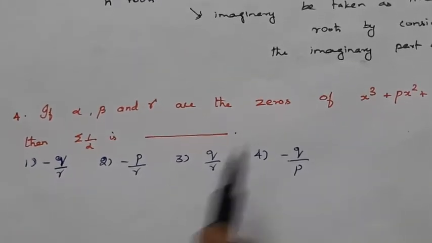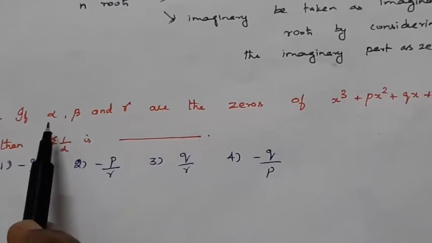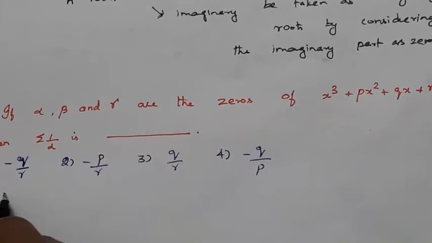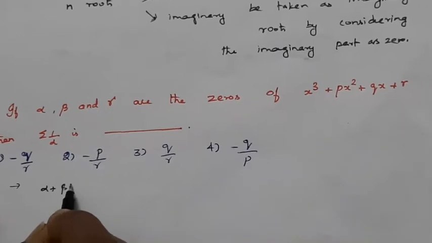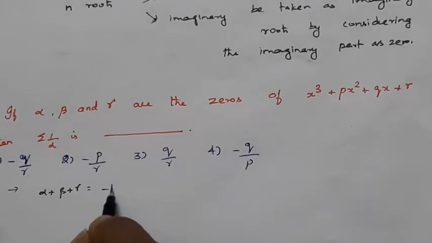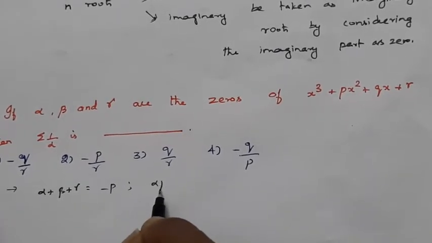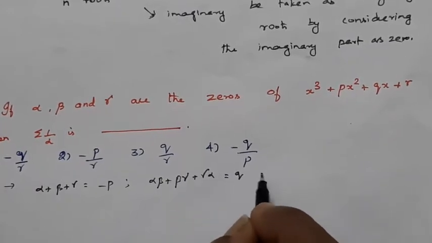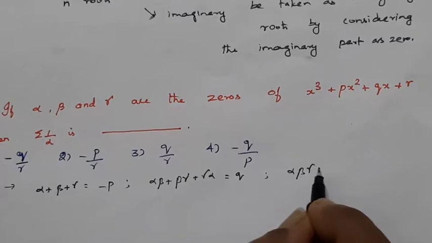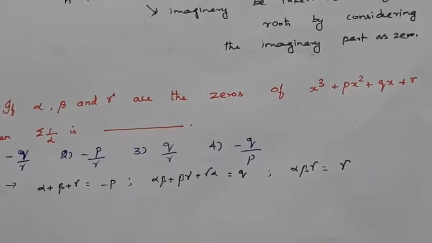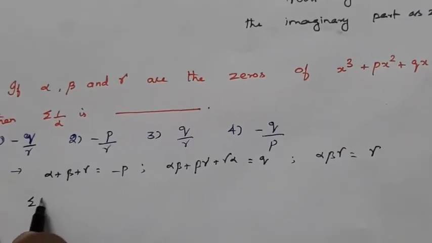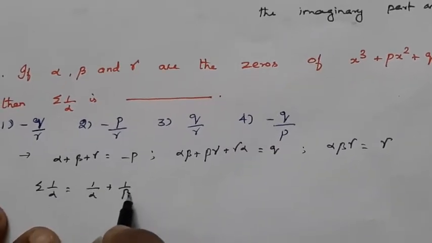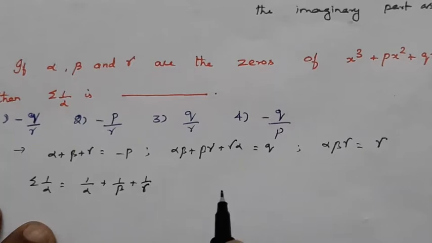Okay. So given the polynomial, and alpha, beta and gamma are the zeros, by Vieta's formula you know that alpha plus beta plus gamma is equal to minus p, alpha beta plus beta gamma plus gamma alpha is equal to q, and alpha beta gamma is equal to minus r. Then sigma 1 by alpha is nothing but 1 by alpha plus 1 by beta plus 1 by gamma.